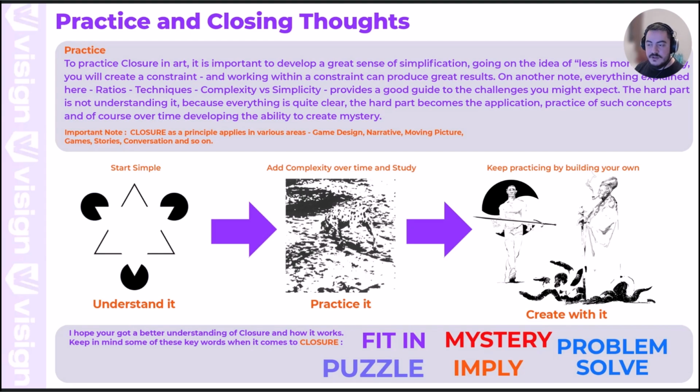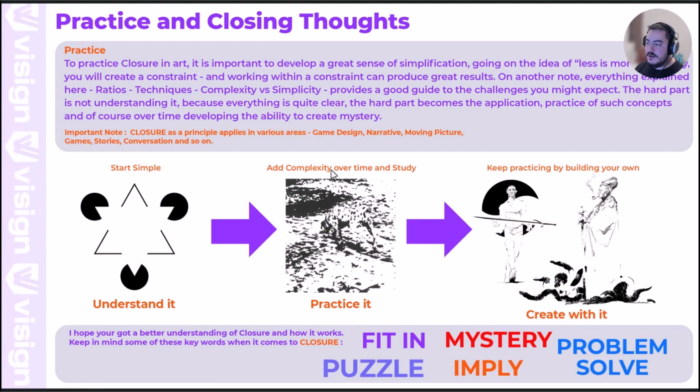Different types of moving pictures, different types of games themselves, have these things occurring. Conversations and so forth. This principle of closure doesn't only apply in art that is visual. It applies in music, in theater as well. So it's across the board basically. It's something that we use almost naturally.